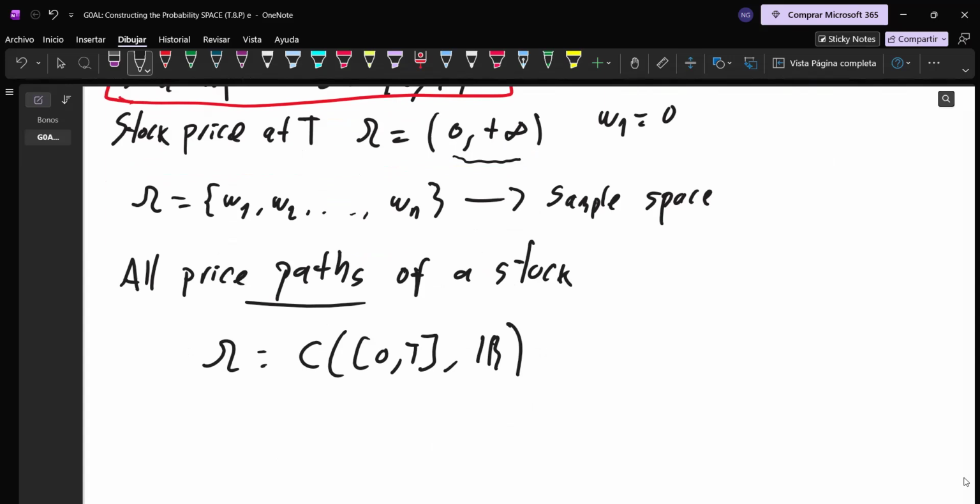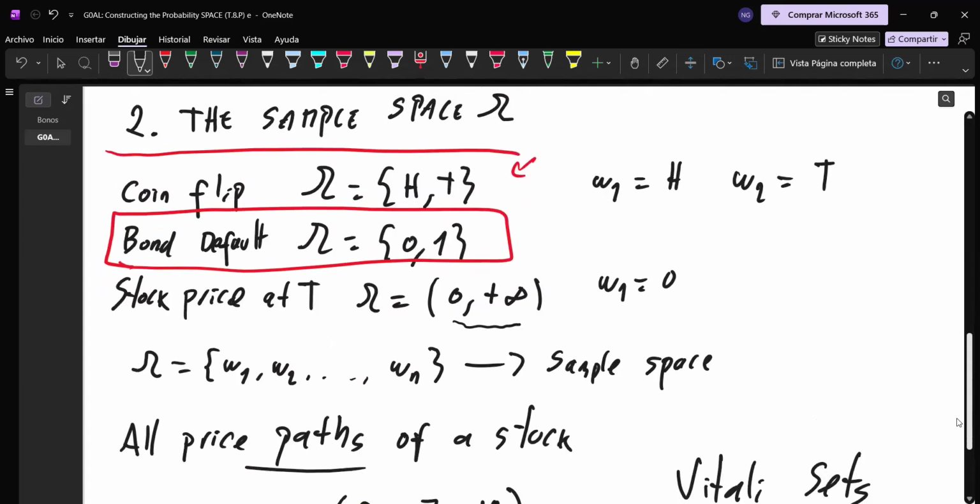Omega can be uncountably infinite, and naively trying to assign probabilities to every possible subset leads to contradiction. This is the Vitali set, from measure theory, and it's very difficult. But I try to say this is not trivial.